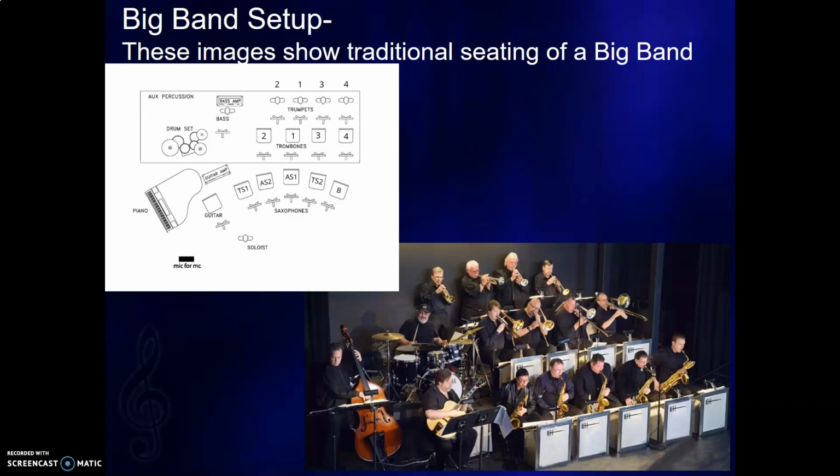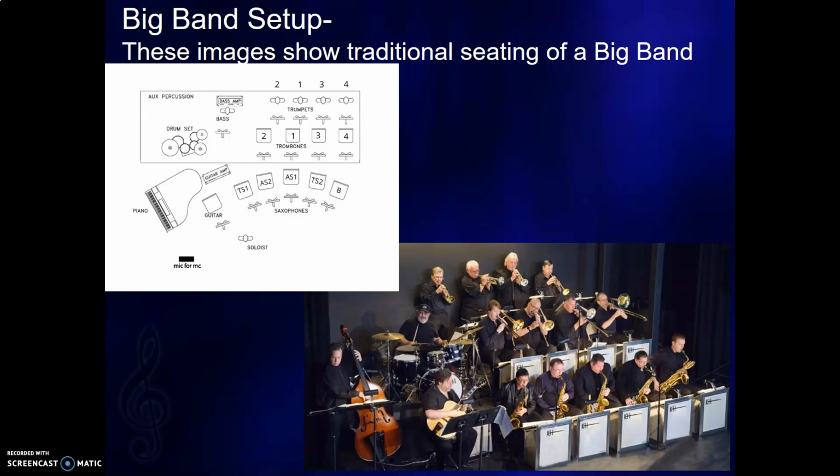Then the trombones, first trombone, are organized the same way as the trumpets. When we look at the saxophones, alto sax 1 is kind of in the middle, alto sax 2 is directly to the left of that, tenor sax 1 is on the far left, and tenor sax 2 is second from the right end.